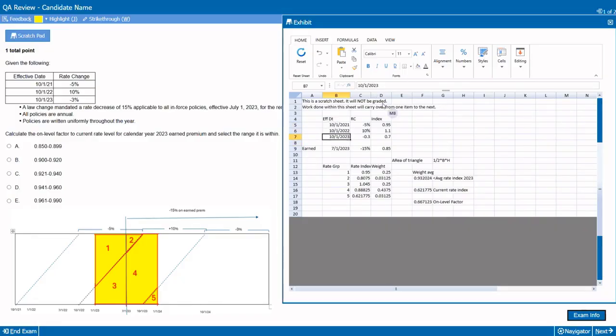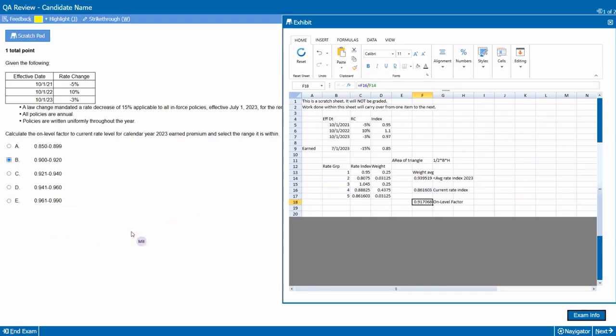All right, let me check these rate changes. -5%, 10%. Okay, here, -3%. Okay, now the answer that I got is 0.917, which looks like it is within the ranges that are given to me. So I'm going to select answer B for this question.